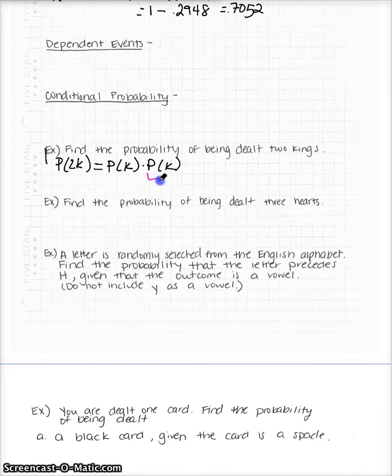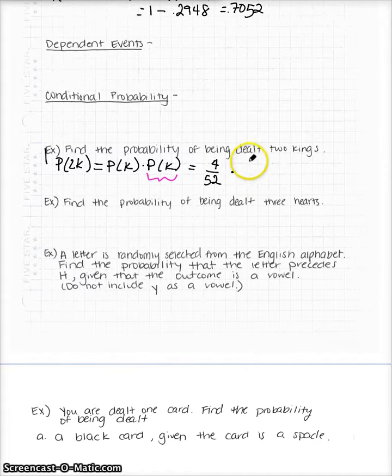Now, this second probability is the probability of being dealt a king, assuming that we've already been dealt a king. So the probability of being dealt your king first is 4 out of 52 because there are 4 kings out of 52. Now, assuming that we're dealt a king, what's the probability of being dealt a second king?